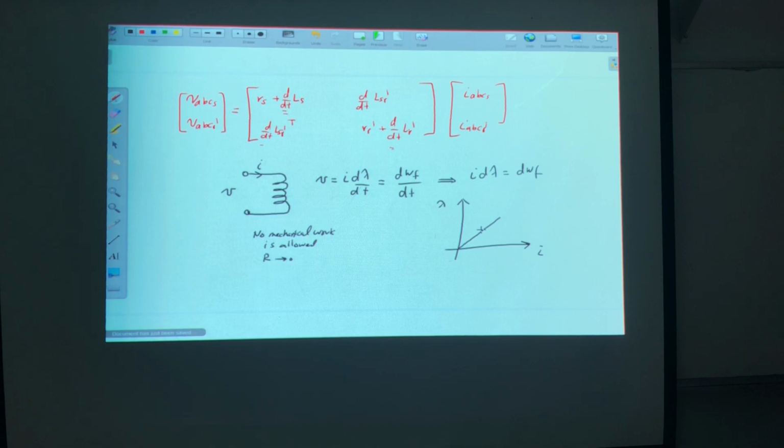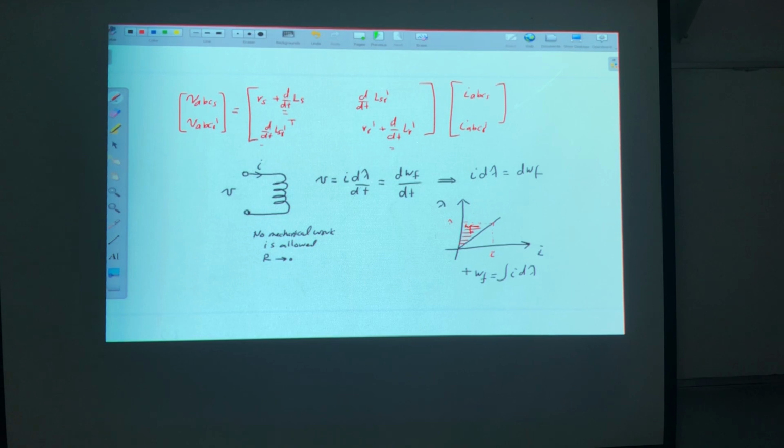If I need to find omega f, I will integrate, correct? Omega f will equal the integration of I d lambda. Now, the integration of I d lambda is the area under a curve. Where is it? The upper area. So this means that if this is the I and this is the lambda, I1 lambda 1, this will be omega f, correct?